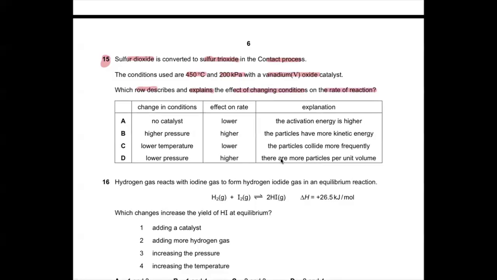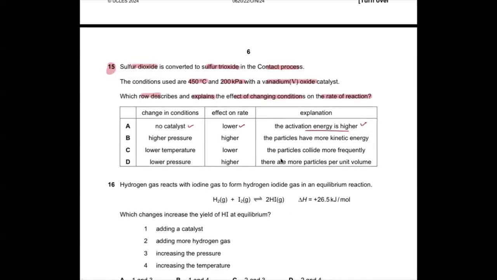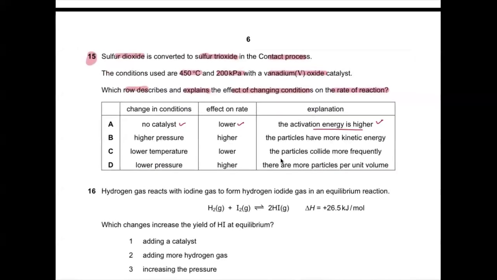The condition is no catalyst, effect on rate lower, and the activation energy is higher. Yes, all the things are correct. When there is no catalyst, the rate is lower, there would be a slower rate and the activation energy is higher. Higher pressure, effect on rate is higher, the particles have more kinetic energy.